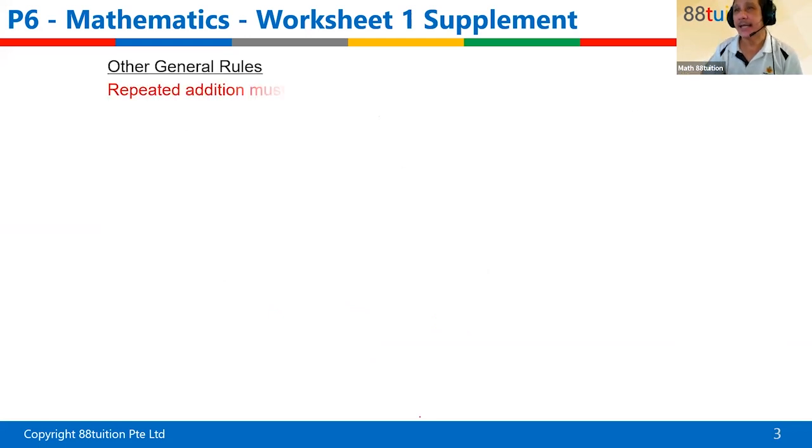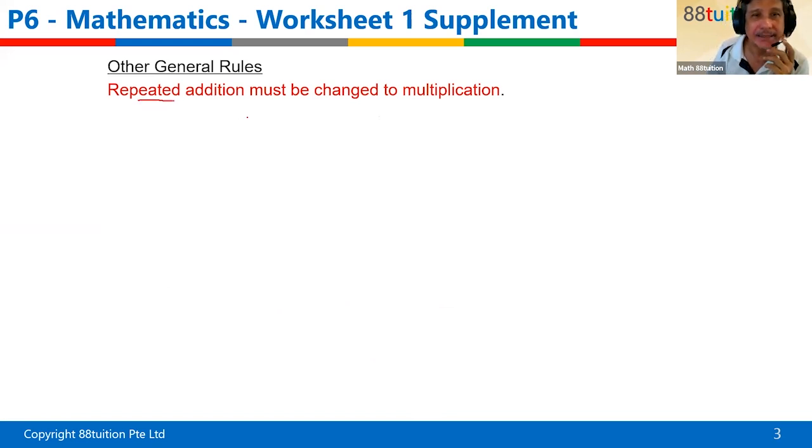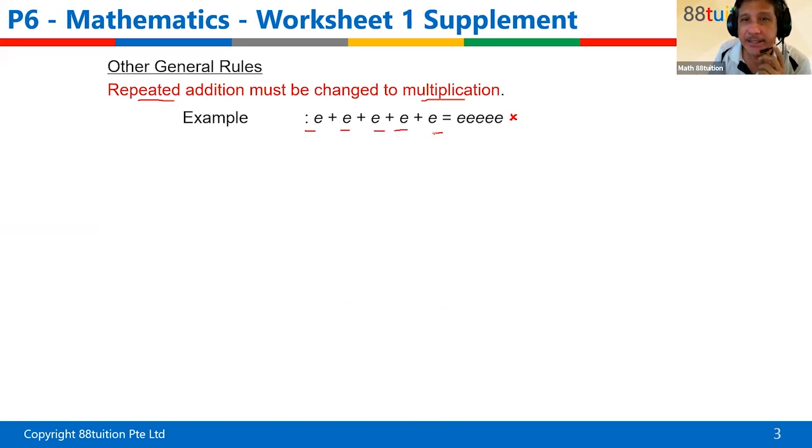Okay, so these are the other general rules. One of them has to do with repeated addition. Repeated addition means the same letter added to the same letter added to the same letter. We have to change it into multiplication. So for example, E plus E plus E plus E plus E is not E. You don't join them and then write E. Remember, we join only when it is multiplication.